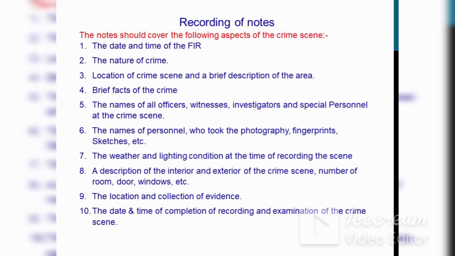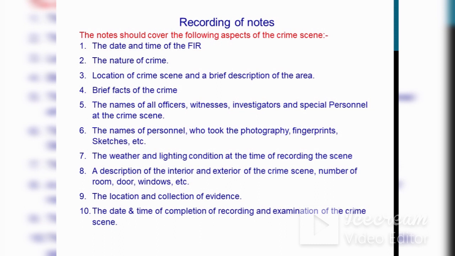Recording of notes. The notes should cover the following aspects of the crime scene: the date and time of the FIR, the nature of the crime, the location of the crime scene, and a brief description of the area. Brief facts of the crime: the names of all officers, witnesses, investigators, and special personnel at the crime scene.